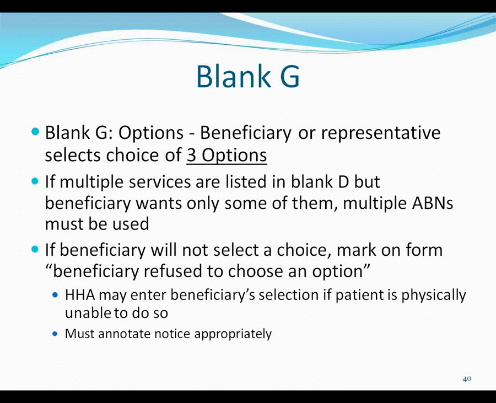The home health agency may enter beneficiary selection if the patient, however, is just physically unable to do so. So if the patient says, I want you to check option box 2, the staff could do that because the patient verbalized the option. But you would have to annotate that appropriately on the form.